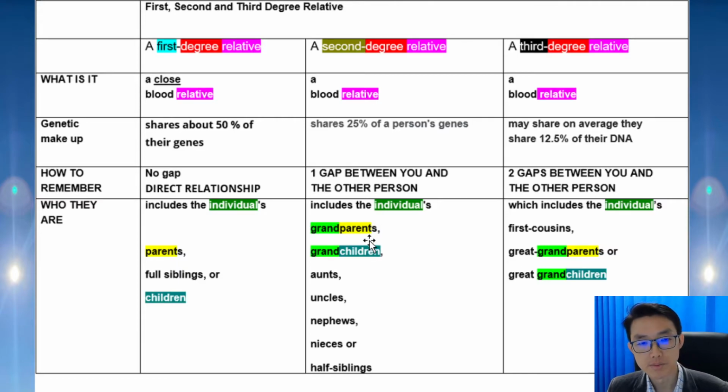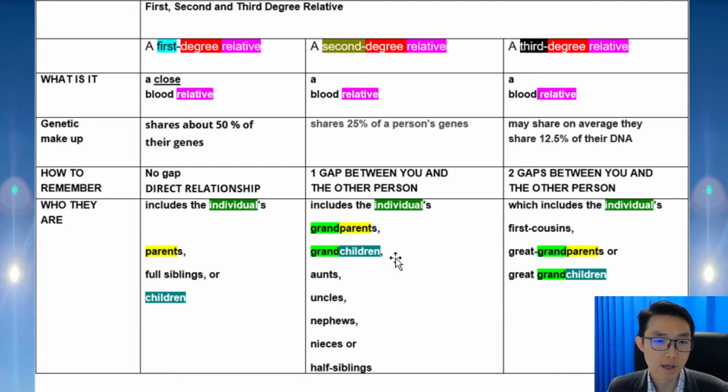For example, between you and your grandparent, let's say your grandfather, there is either your mother or your father in between. Therefore, there is a gap between you and your grandfather or grandmother. Therefore, your grandfather or grandmother is defined as a second degree relative.